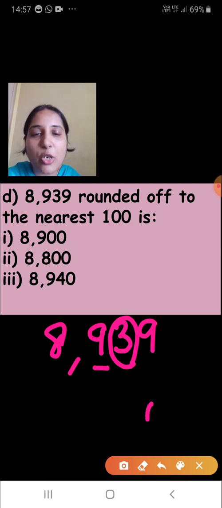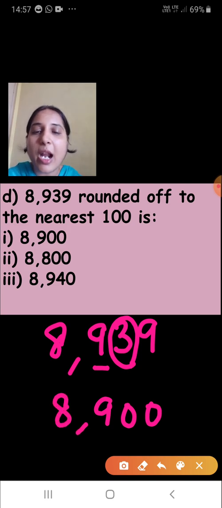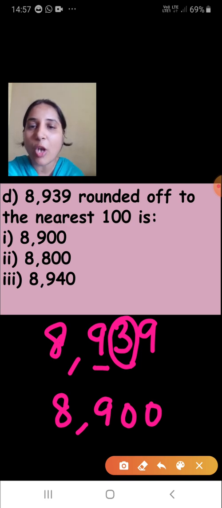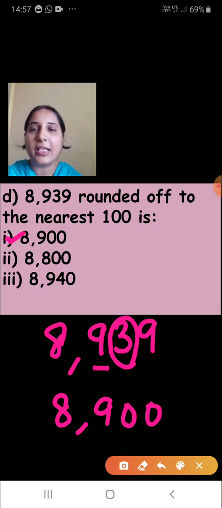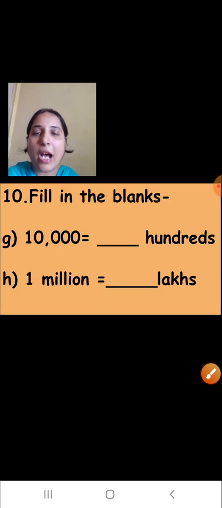We are going to put 0 at the ones and tens place, and we will write the digit at the hundreds place as it is. So what would be the round off of 8,939? It would be 8,900. Which option is correct? Number 1 is correct. 8,900. Got it, children?